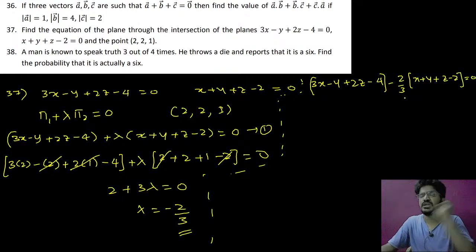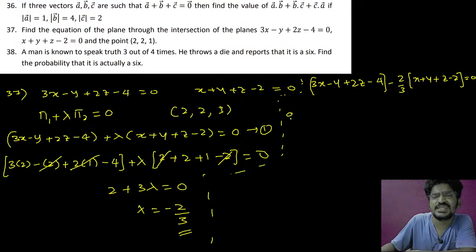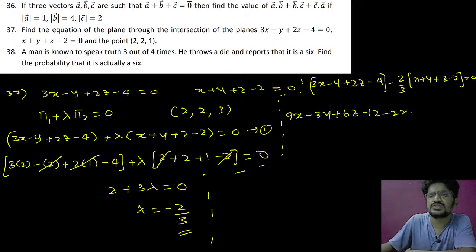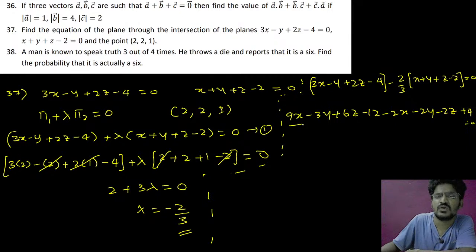So take the LCM. LCM will be 3. So that is 9x minus 3y plus 6z minus 12 minus 2x minus 2y minus 2z plus 4 equal to 0. Divided by 3 you can make it 0.